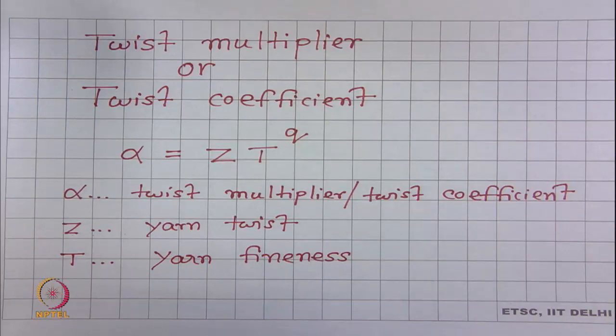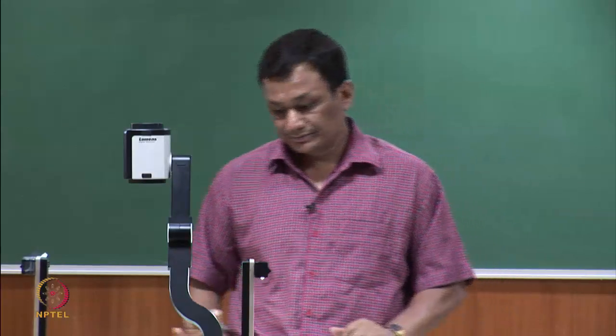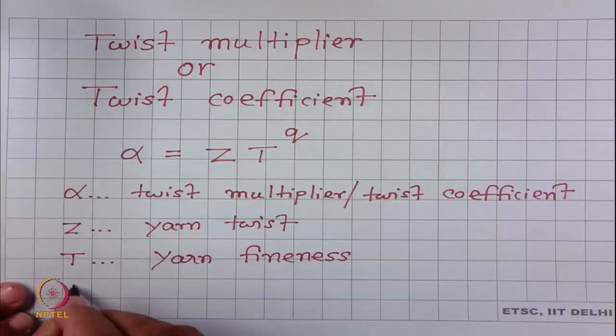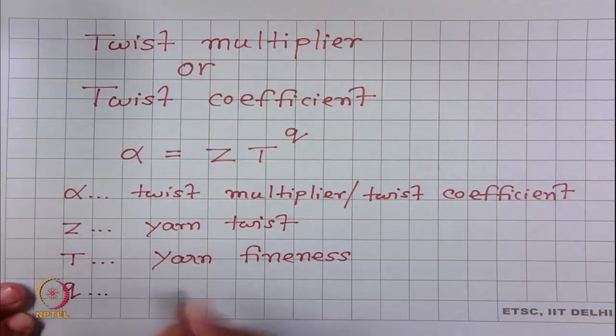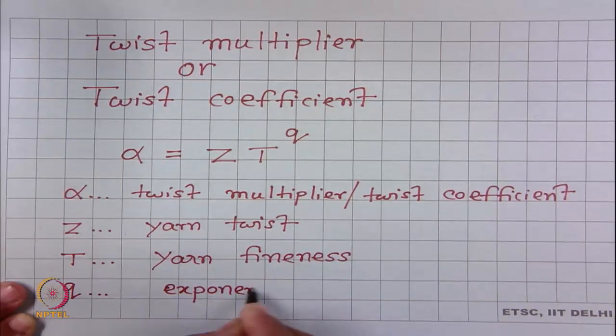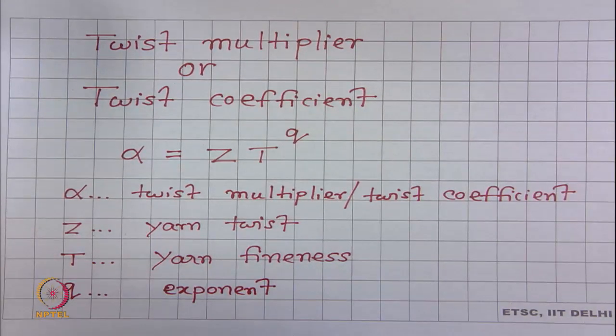So, even if I do not say it, capital T denotes mass per unit length of yarn. Q is important, it is an exponent, right.